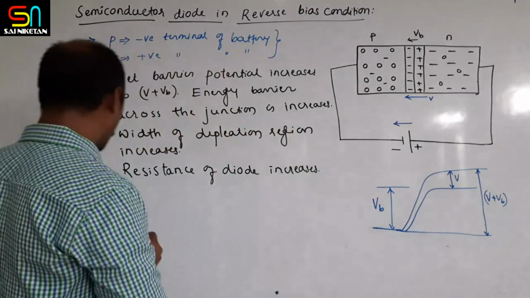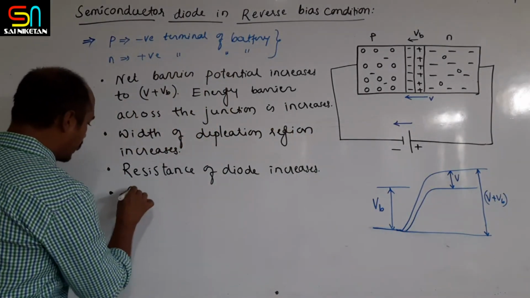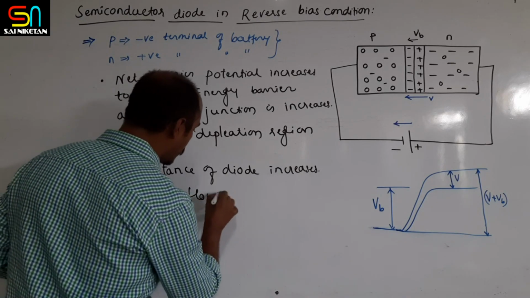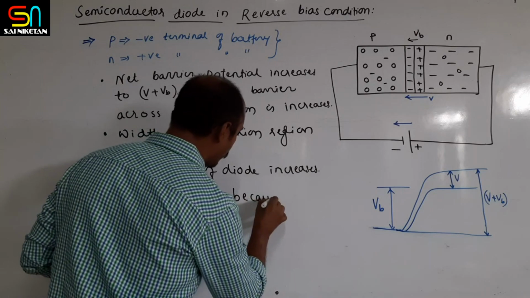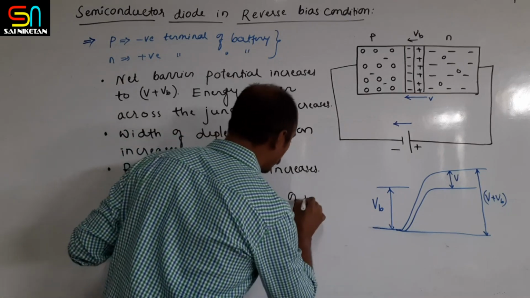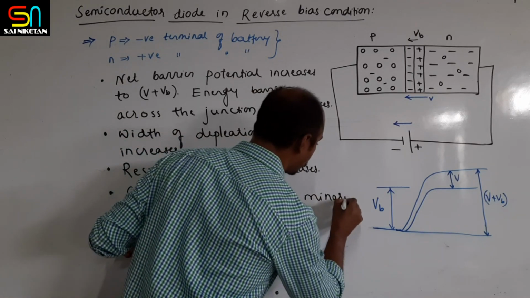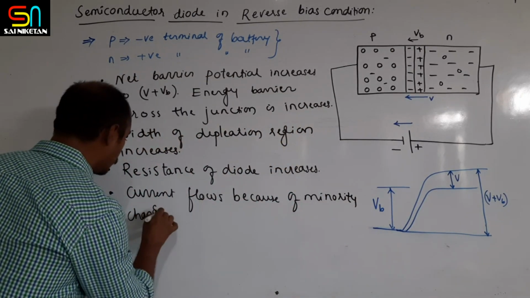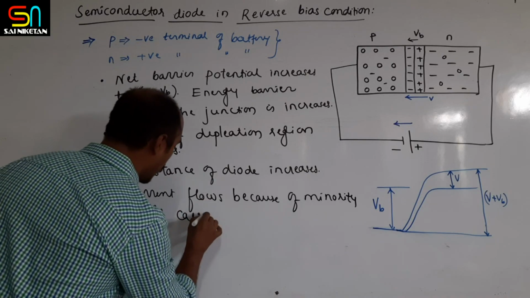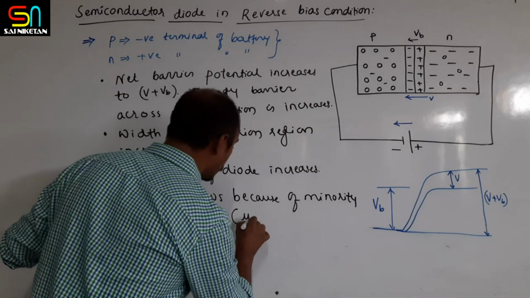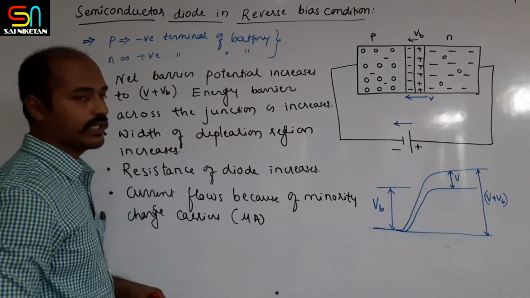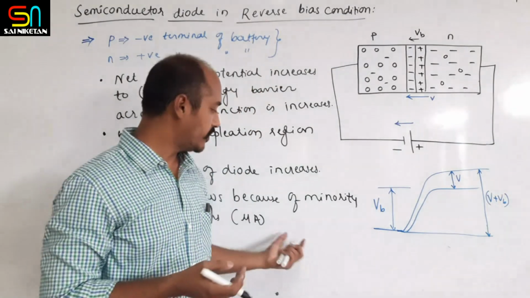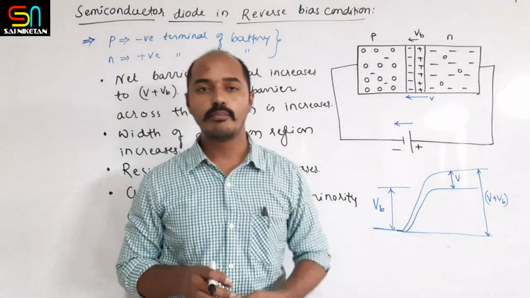So here you can write another point: current flows because of minority charge carriers, and this current is in the order of microamperes because the number of minority charge carriers is very limited. Hence, whatever current output you will get, that is in terms of microamperes.